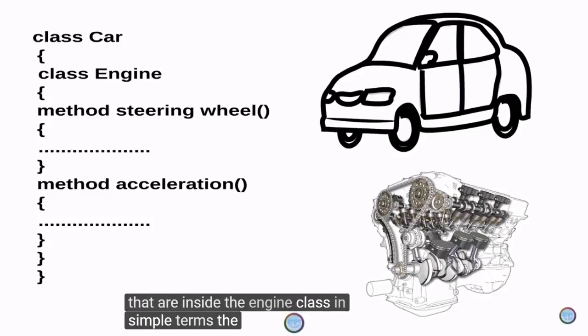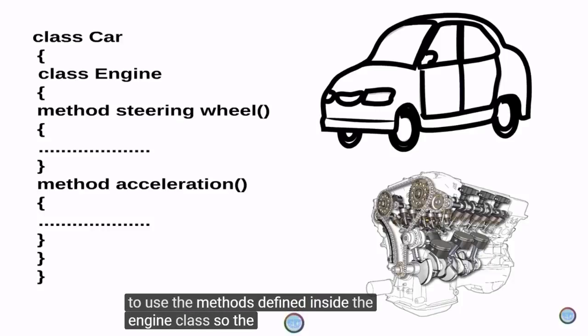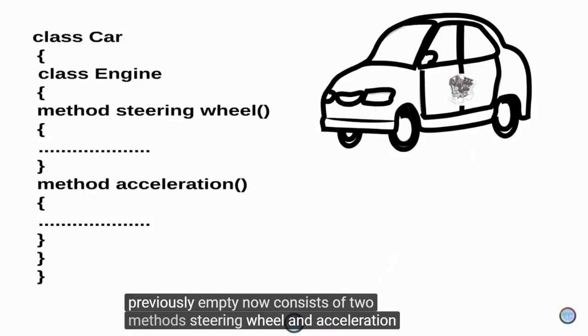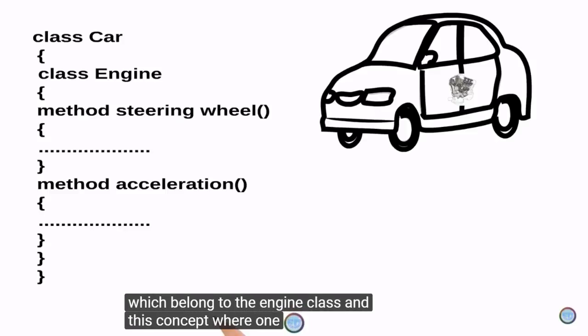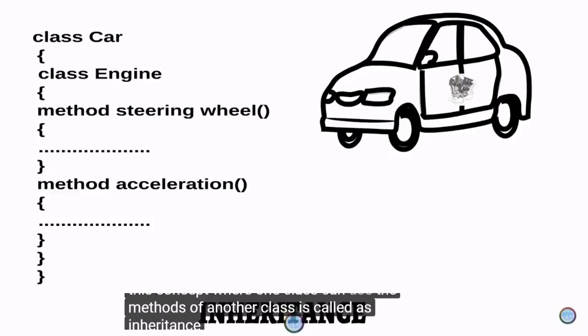In simple terms, the car class is now able to use the methods defined inside the engine class. So the car class, which was previously empty, now consists of two methods, steering wheel and acceleration, which belong to the engine class. And this concept, where one class can use the methods of another class, is called inheritance.